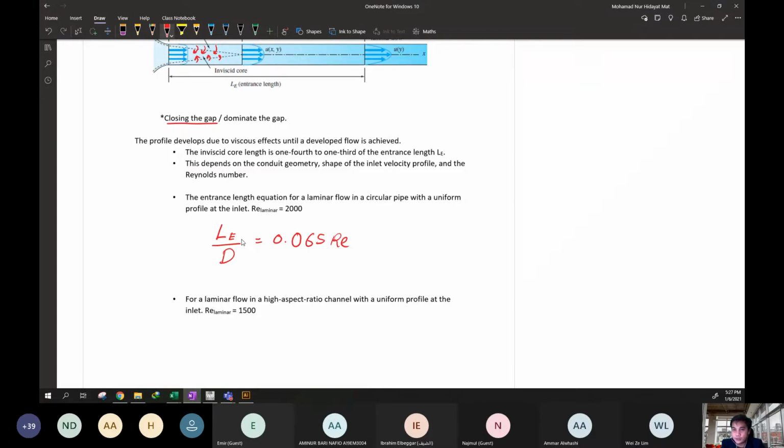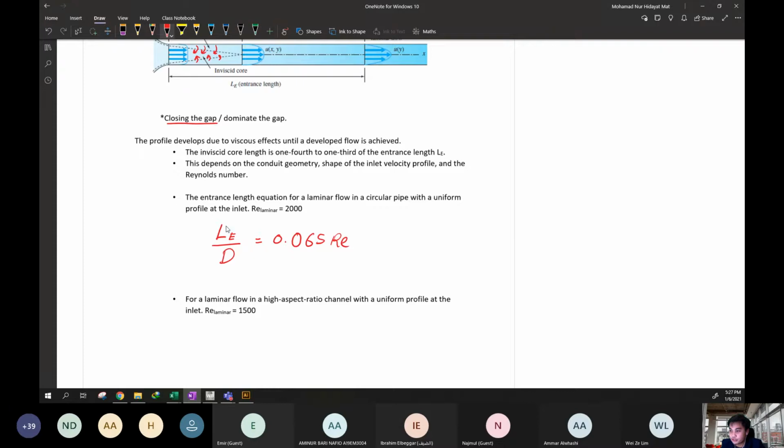That is why previously we learned the normalized differential equation, the similitude study, dimensionless quantity, because after this we are going to explore more on dimensionless quantities. Reynolds number is dimensionless, L over D is dimensionless. So dimensionless will tell us the ratio of our interest.